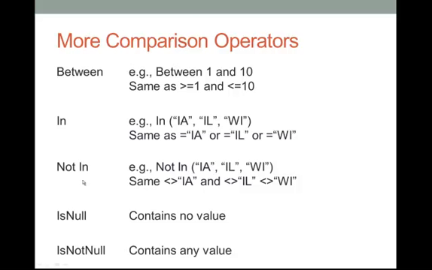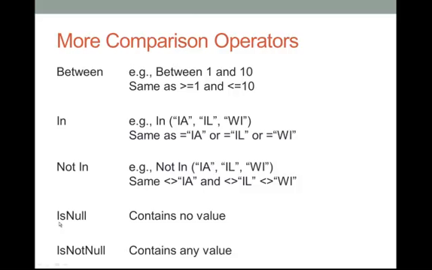You'll similarly see not in. And not in, for example, simply putting the word not in front of that string is saying it's not in Iowa, Illinois, Wisconsin. It's the same as saying not equal Iowa and not equal Illinois and not equal Wisconsin. I missed my and there, but meaning it's not equal to any of those.